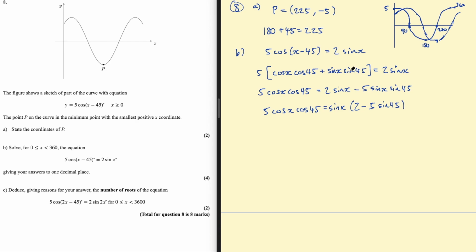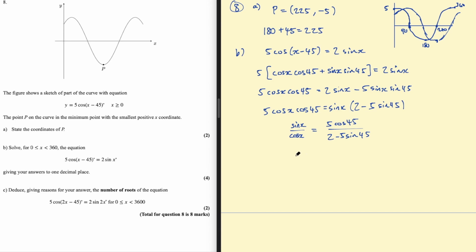You notice I'm not substituting the absolute value for cosine and sine of 45 yet, mainly because it just makes it a bit messier. So I'm leaving them as is for now. Then we can divide by cosine of x and divide the left hand side by (2 take 5 sine 45). Then we're going to have sine of x on cosine of x equal to 5 cosine 45 divided by (2 take 5 sine 45).